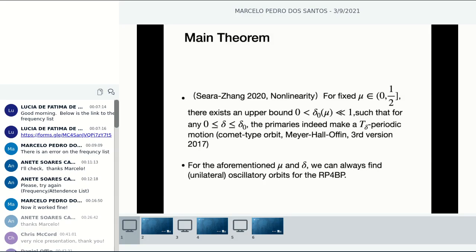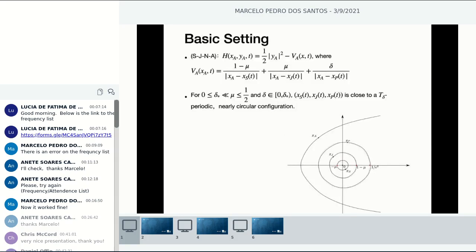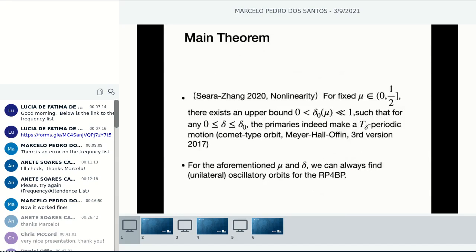If delta equals 0, the problem degenerates to the restricted planar circular three-body problem, because there's no gravitation from Neptune on the asteroid. Anyway, for such a delta, the primaries indeed make a T delta periodic motion. Such a periodic orbit is called comet type in the book of Meyer, Hall, and Offin.